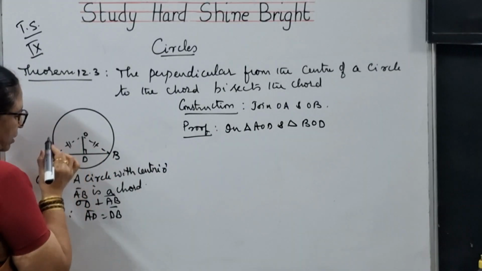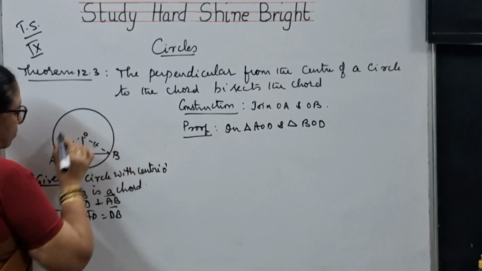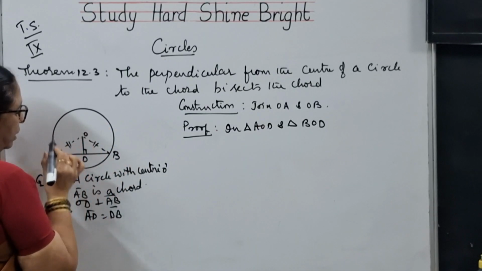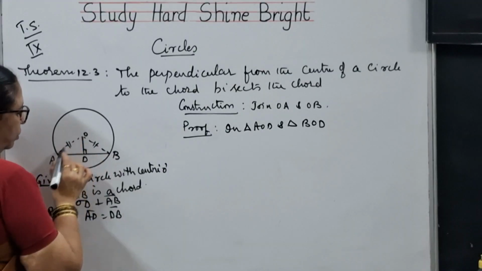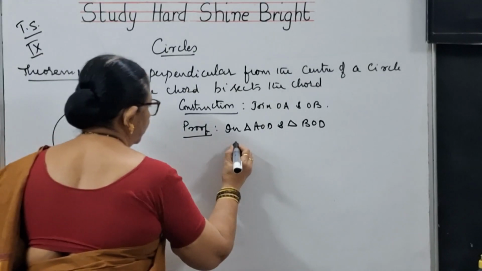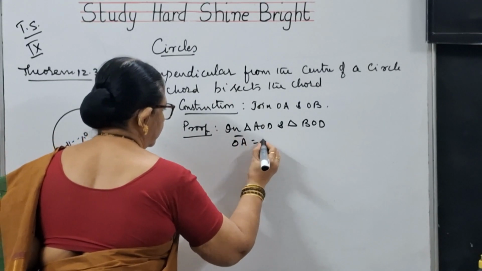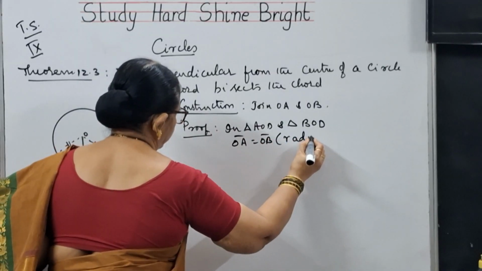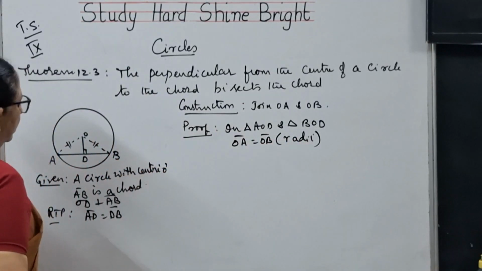From the center to the circumference, if you draw a line segment, definitely it is a radius. So we can say that they are equal.